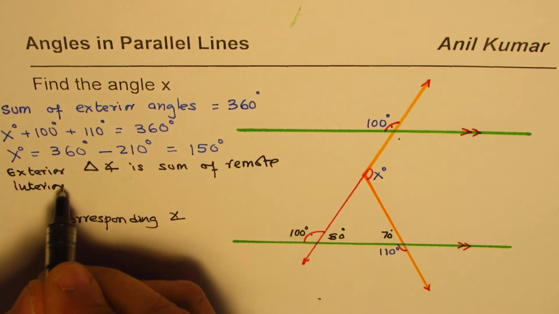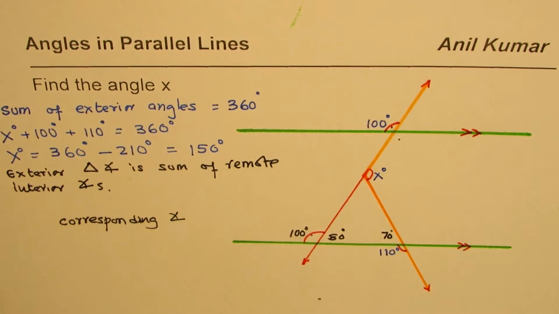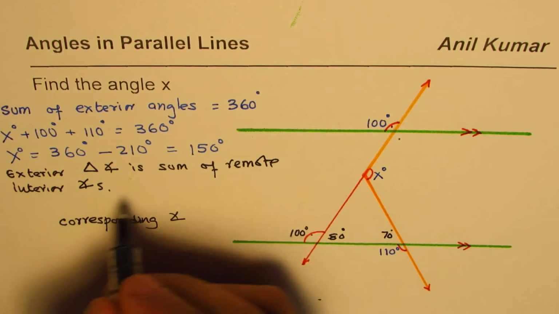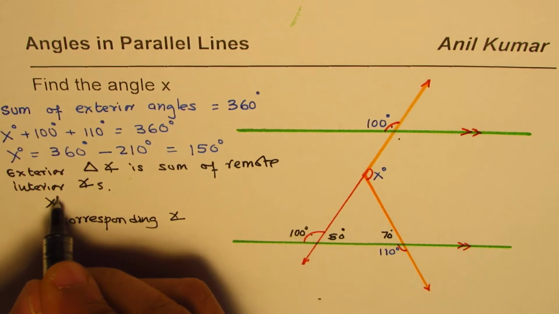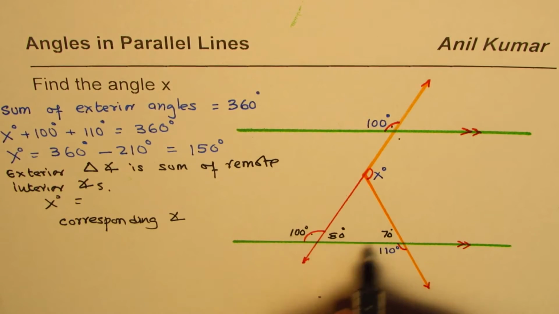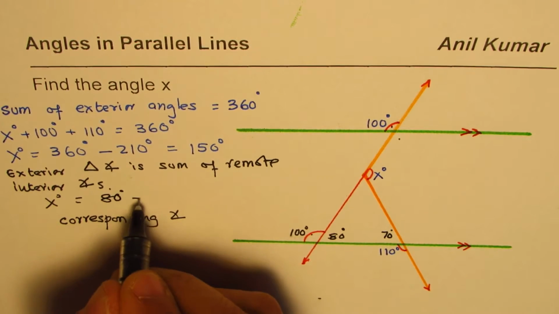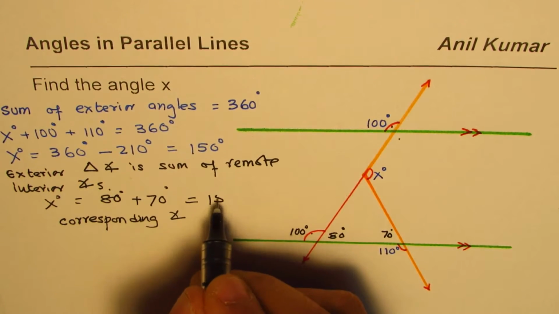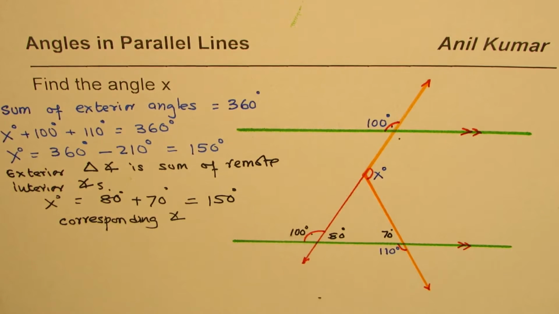That is another important thing to remember. That means straight away we could write x degrees as equal to the sum of these two, which is 80 degrees plus 70 degrees, and that is 150 degrees. Well, we again got the same answer. Obviously, x is one angle, it has to have one value. So we got another answer which is 150 degrees.